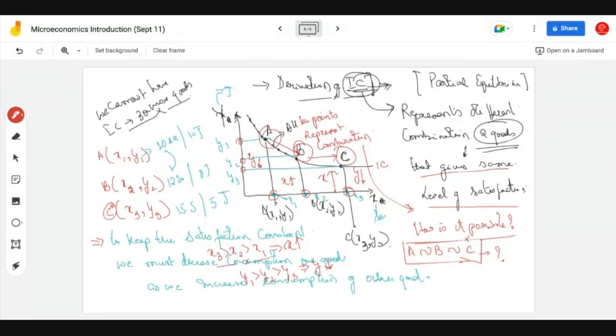That's why we are able to maintain the same level of satisfaction. Otherwise, this is not possible. So over here, consumption of X is increasing, but consumption of Y is decreasing. Again, consumption of X is increasing, consumption of Y is decreasing. That's why we are maintaining the same level of satisfaction. Otherwise, this would not be possible.